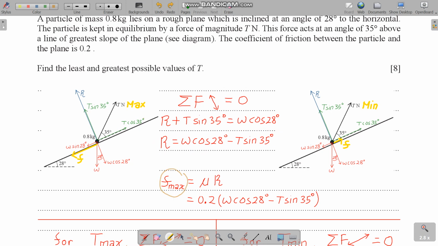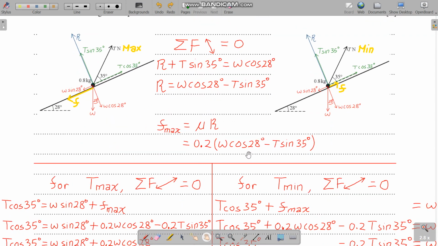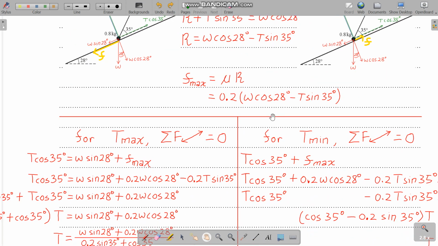And the maximum possible friction is mu R. That's the formula. Since we have R, we have the maximum possible friction. Again, this is the same expression for both cases, although the numbers will be different depending on the T, of course. Now we analyze sigma F in this direction, which is parallel to the slope.